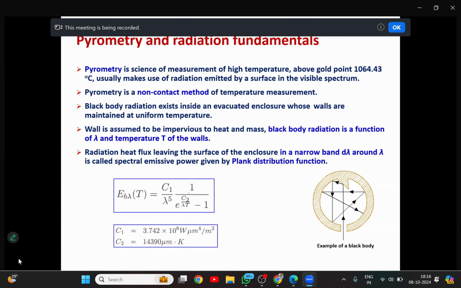C1 has a value of 3.742 into 10⁸ watt micron to the power 4 per meter square. C2 is basically 14390 micrometer Kelvin. So C1 and C2 have constant values, and depending on the wavelength and the temperature, you can find out what E_B lambda is. This is called the Planck distribution function.